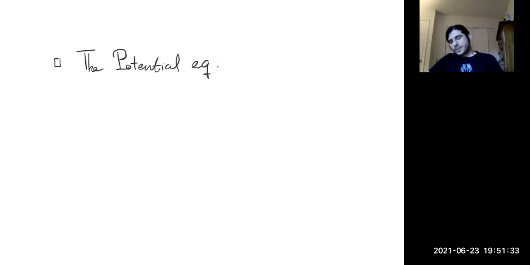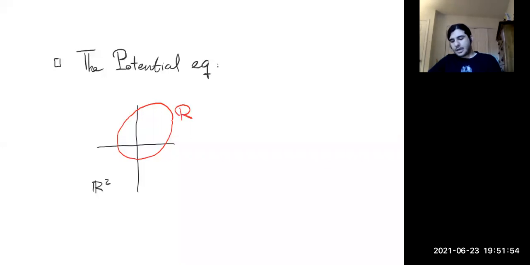Suppose we have a region inside R2. This is R2, the plane. And suppose we have a region there which is bounded, let's say a region like this. Let's denote this region by R. Suppose we have a function u defined on this region, mapping into the real numbers.